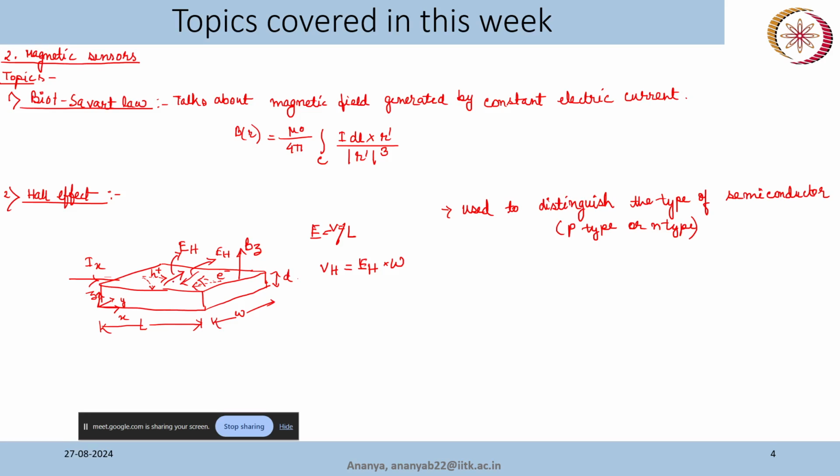Now if we measure this voltage by considering the positive y direction, and the Hall voltage is positive, that means our electric field is also positive, that means our material is p-type. Again, if we measure the Hall voltage for an n-type material considering the positive y direction, then the Hall voltage will be negative and the electric field will also be negative, so it is an n-type material.